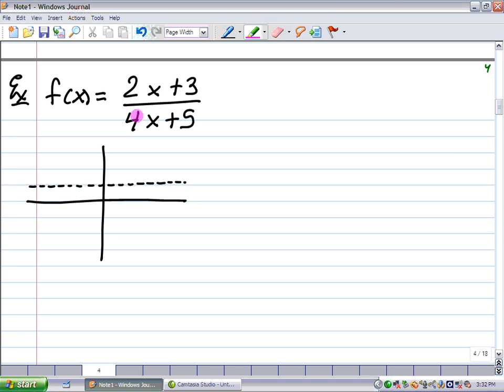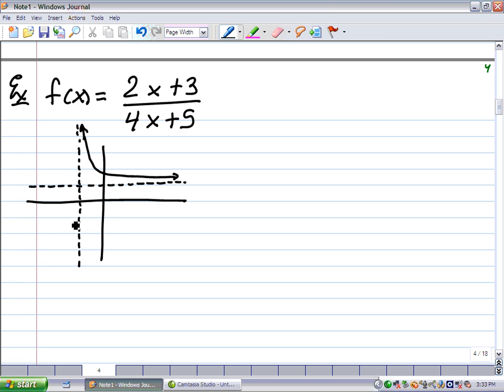You know that the domain excludes negative 5/4, and the way it excludes negative 5/4 is with a vertical asymptote. It goes through 3/5, and you know these asymptotes, it approaches them but never touches them.